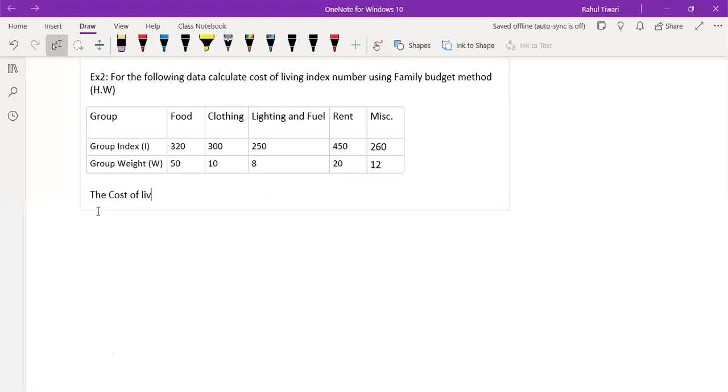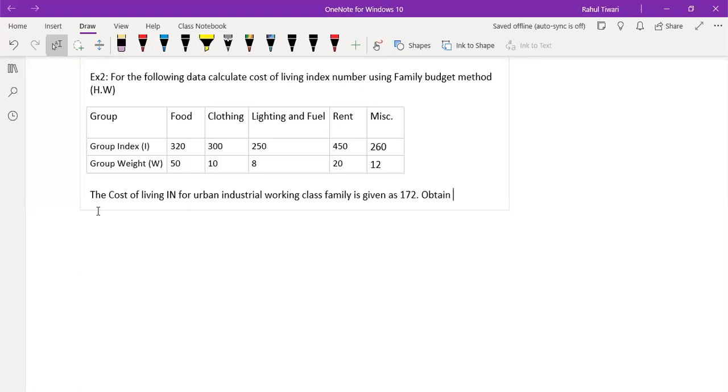The cost of living index number for the urban industrial working class family is given as 172.